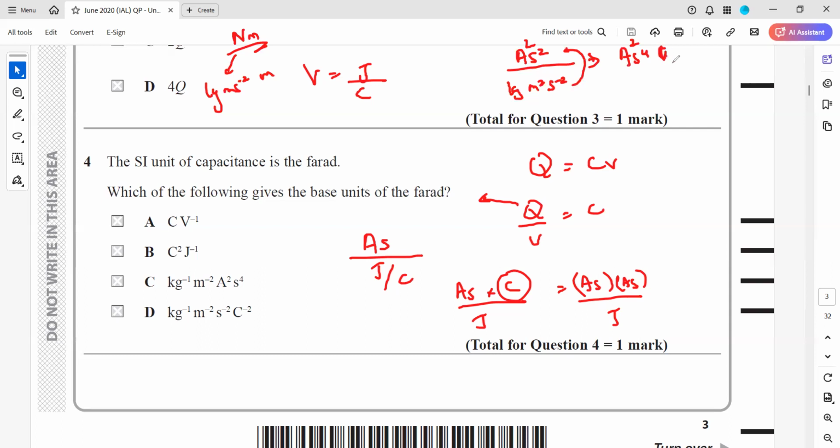It will be kilogram minus 1, meter minus 2. So kilogram inverse meter minus 2 second to the 4 ampere squared. So it matches with option C. Is it clear? The base unit of capacitance.